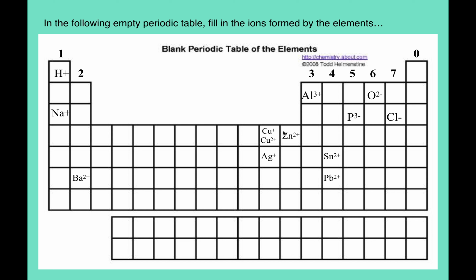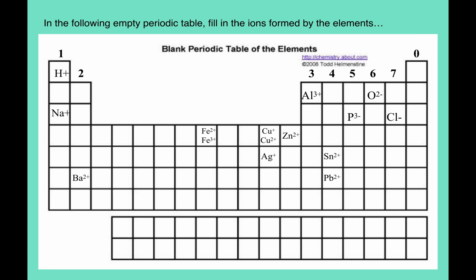Copper can either lose 1 electron to form Cu+, or it loses 2 electrons to form Cu2+. That makes copper special. So we often have to indicate that in formulae. So copper 1 is Cu+, and copper 2 is Cu2+. You may have heard of copper 2 sulfate, and that means that the Cu2+ ion is present.